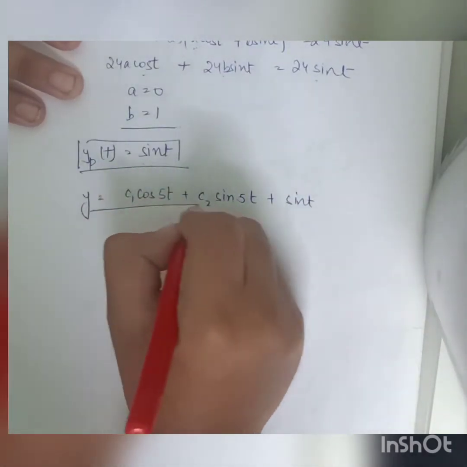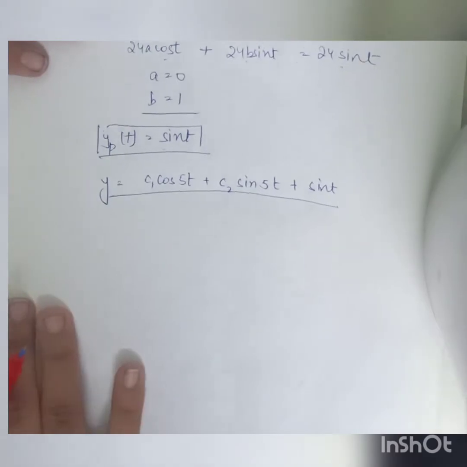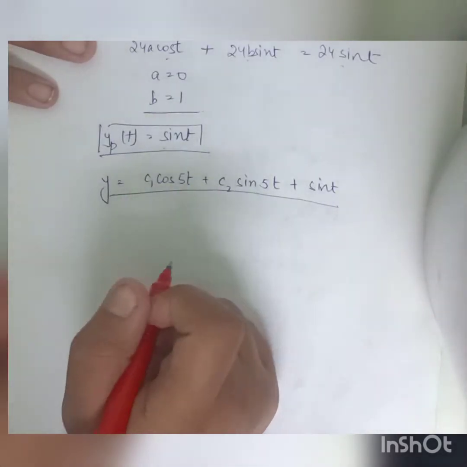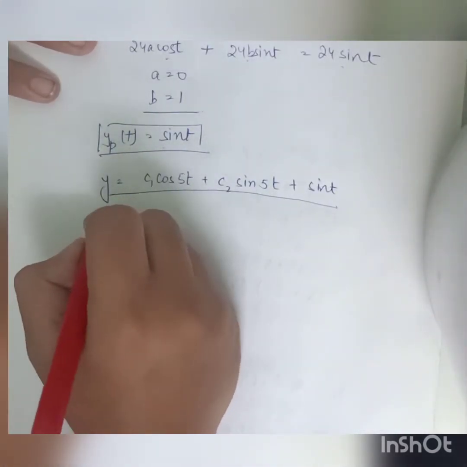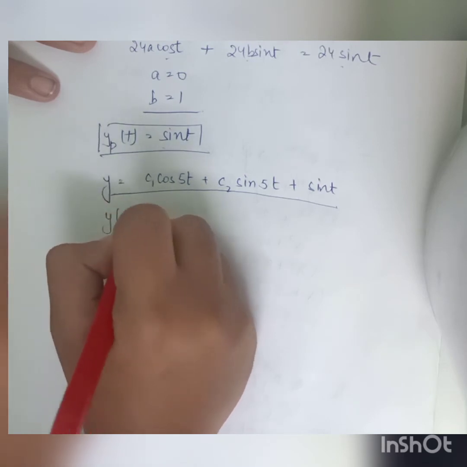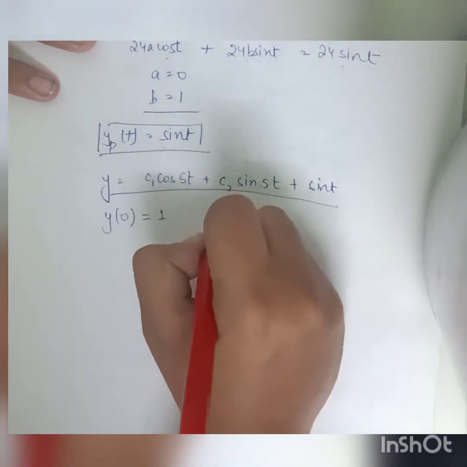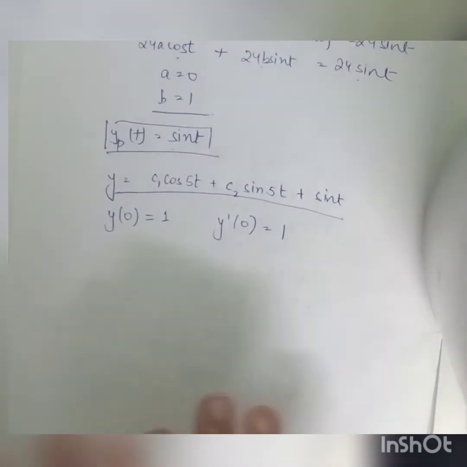From this we get this equation. Now how do we solve this? We were also given that y(0) is equal to 1 and y dash (0) is equal to 1, right?